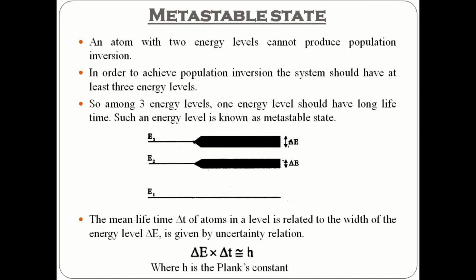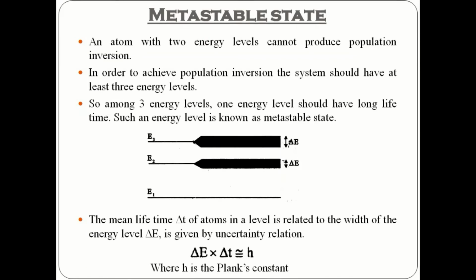After that these atoms lose some energy, in the form of heat, light or vibrational energy, and come back to the ground state. An atom with only two energy levels cannot produce population inversion, so we cannot achieve it with two energy levels. Here comes the metastable state.